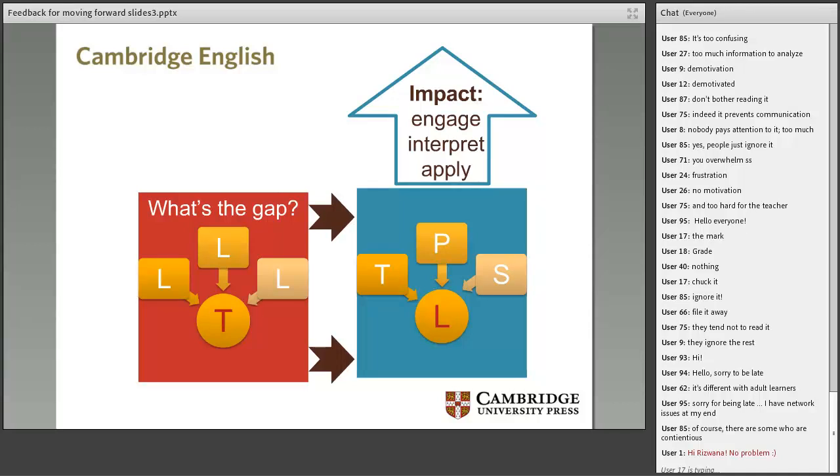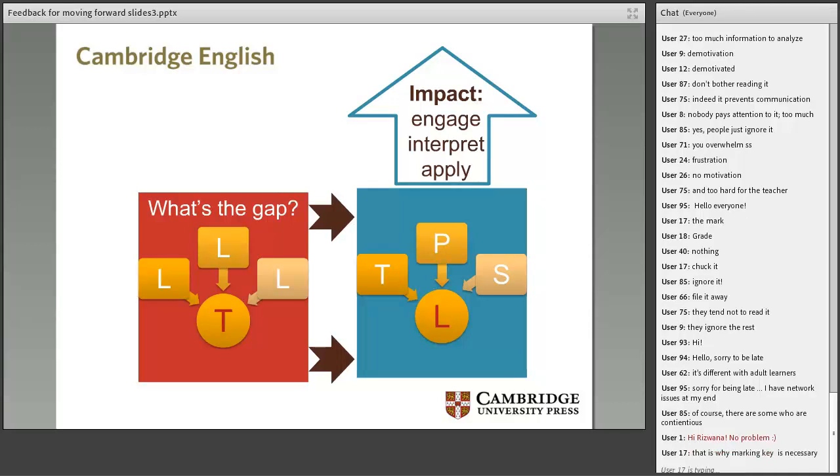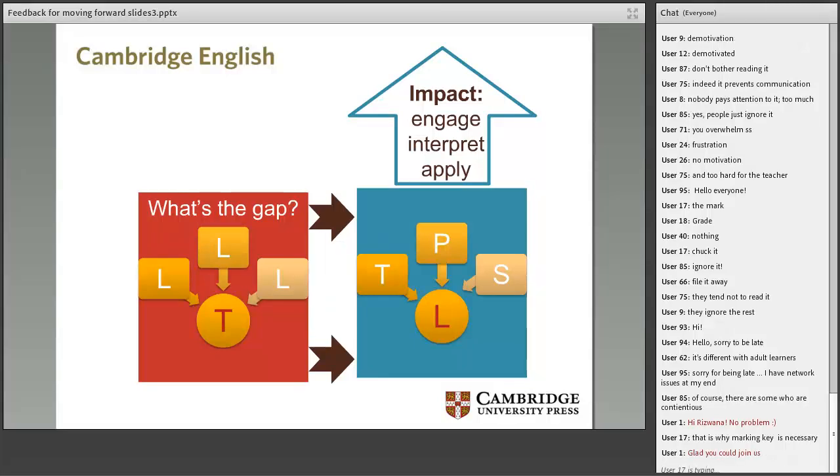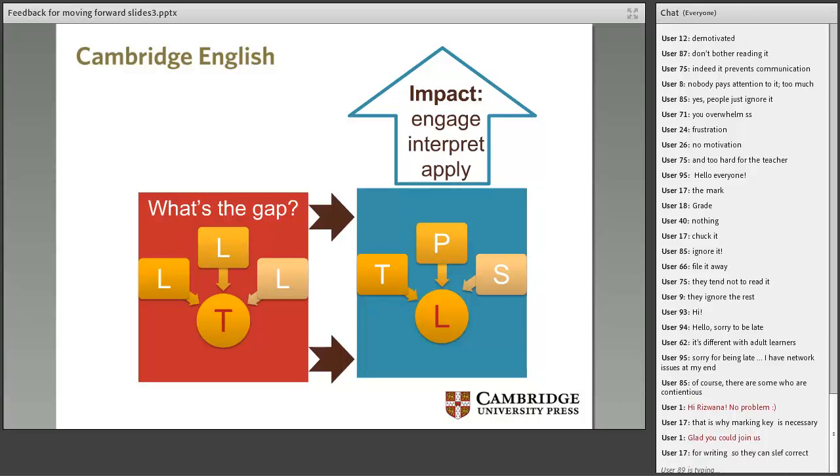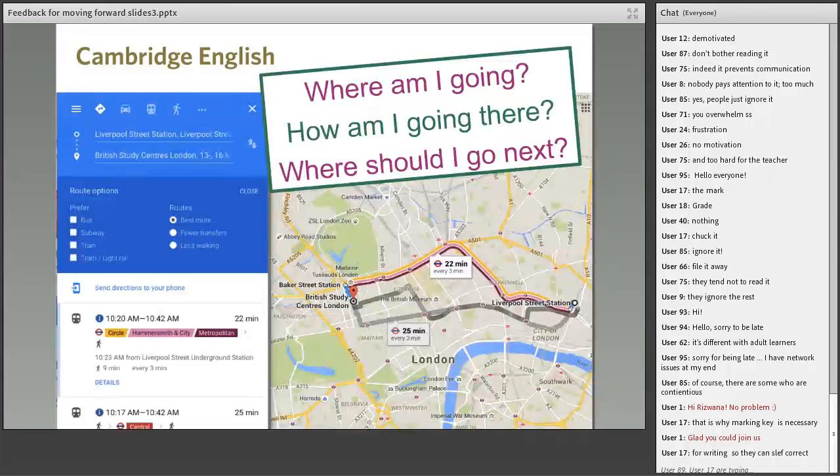Some, I would say, some adult learners, and of course there are some who are conscientious. Okay, then we need our students to interpret our comments so they know what to do, and then the all-important part is that they can apply it. So let's have a look at some of this.